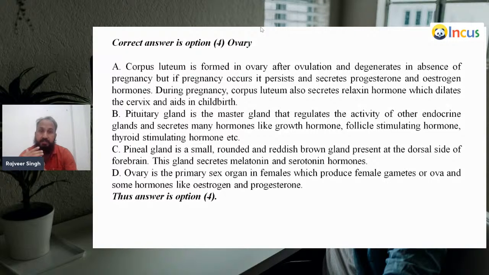This gland secretes melatonin and serotonin hormones. The ovary is the primary sex organ in females which produces female gametes or ova and some hormones like estrogen and progesterone. So our answer will be the fourth, ovary.